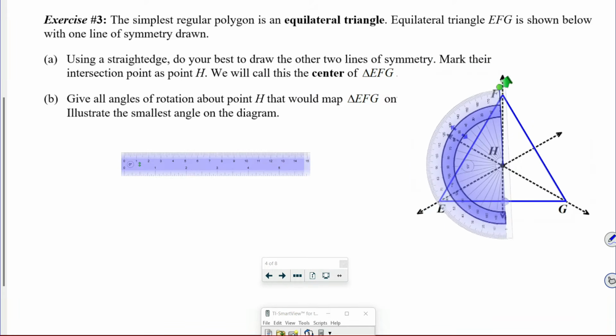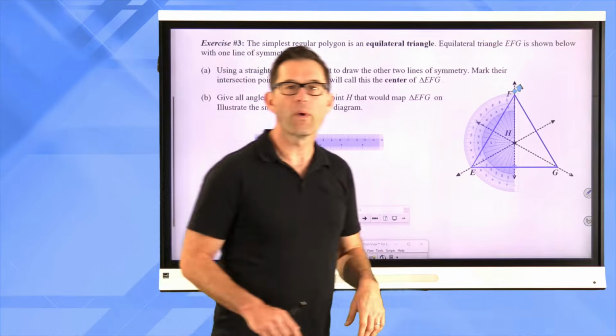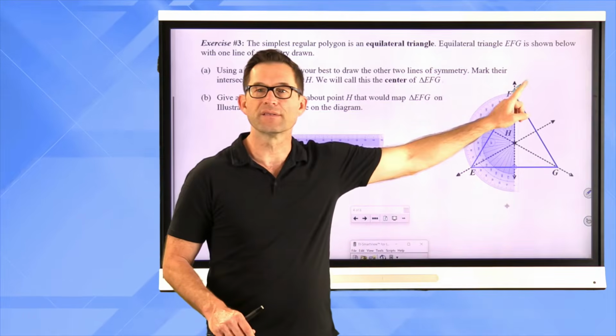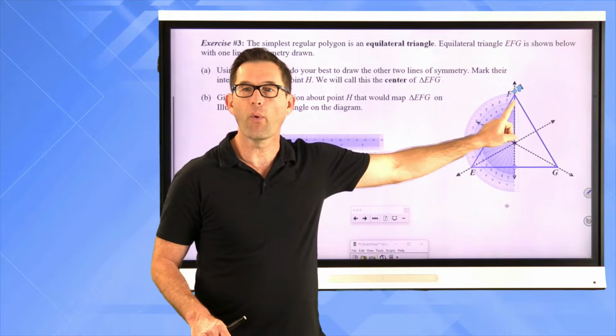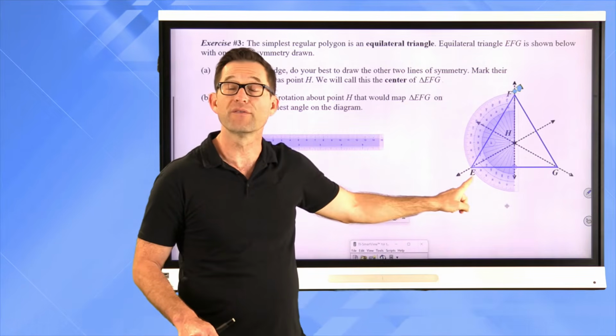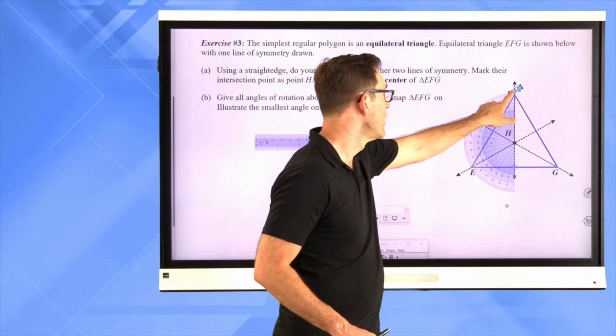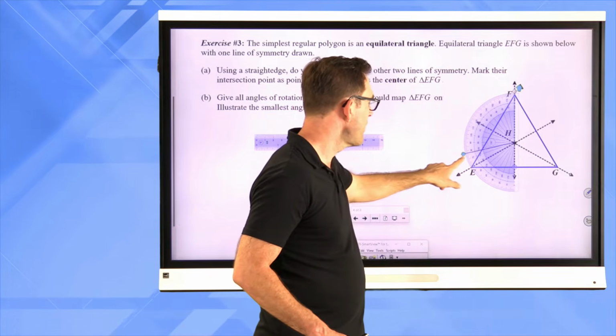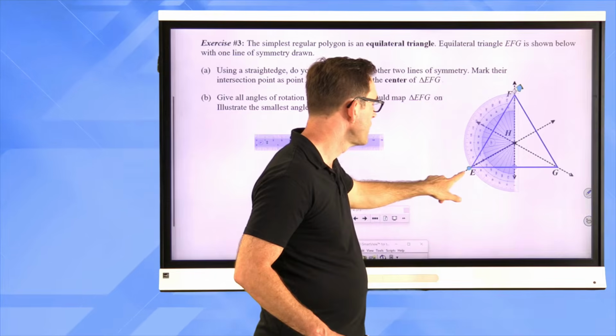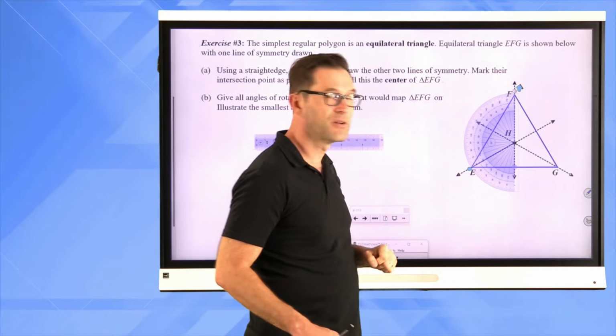But what I'm going to do is take this little compass mark here, and rotate it down as if point F was rotating around to match up with point G. So let's pretend that's point F, and it rotates all the way down to point E.